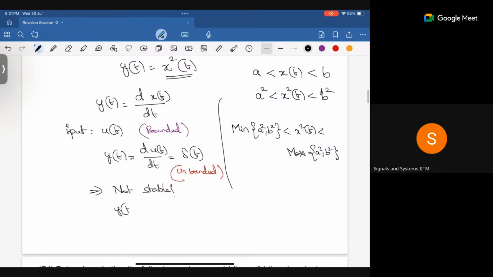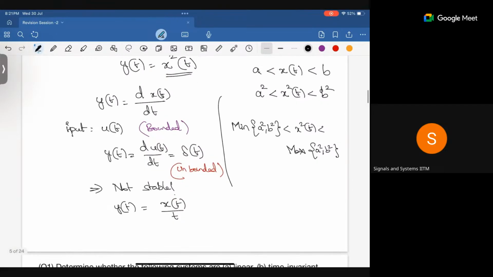Again, there is one more standard example, which is something like x of t by t. Okay, so if you have this, then you just have to check.